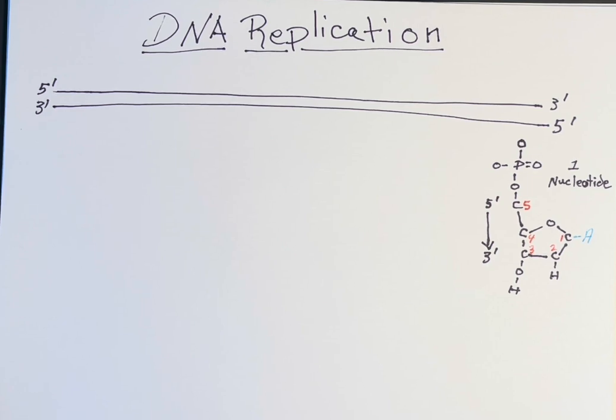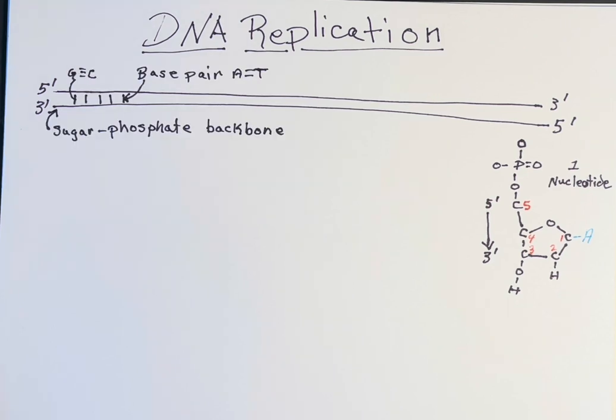Next, I'm going to draw the two parallel lines to show you how they represent a DNA strand. Now I'm showing that one line represents the sugar phosphate backbone.